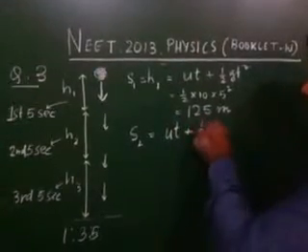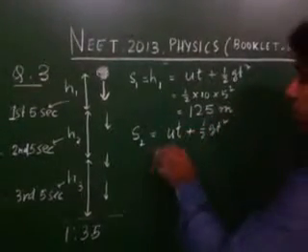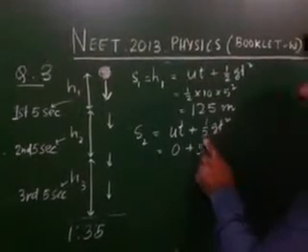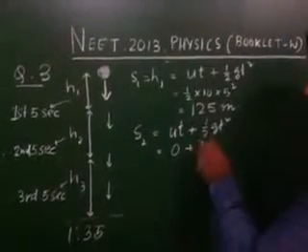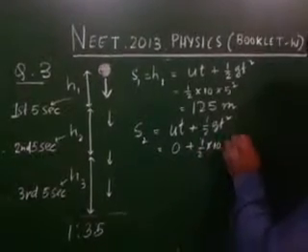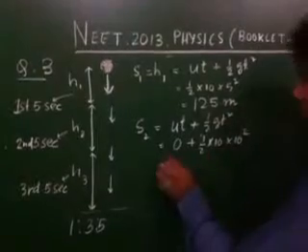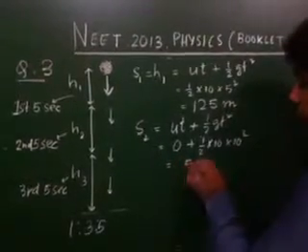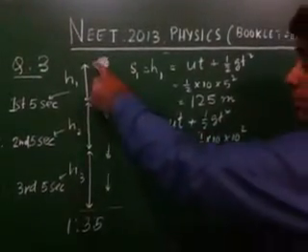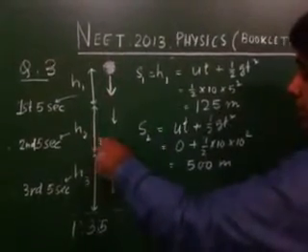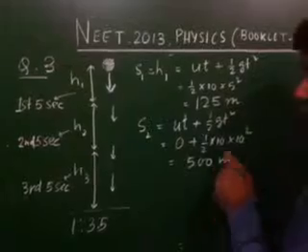This part will be 0 and plus half into 10 into 10 square. So 500 meters. That means in the first 10 seconds it will descend a distance of 500 meters.